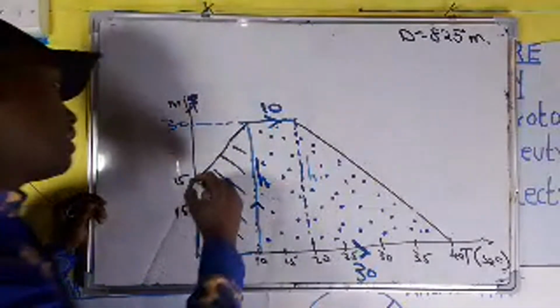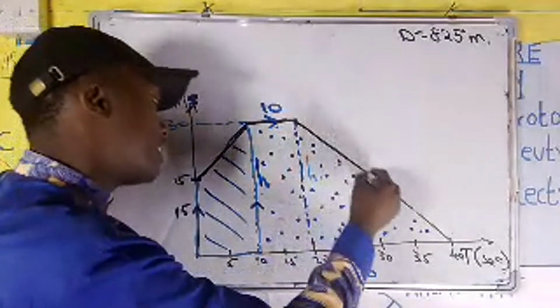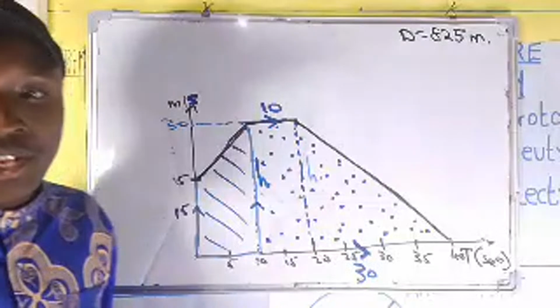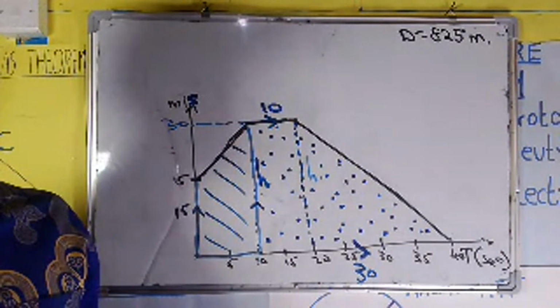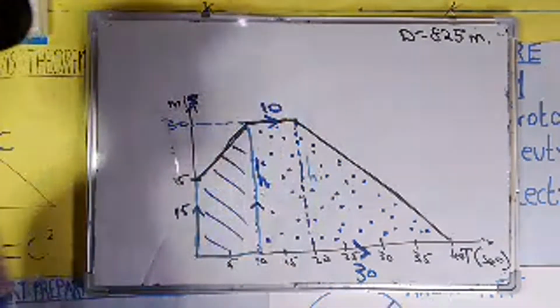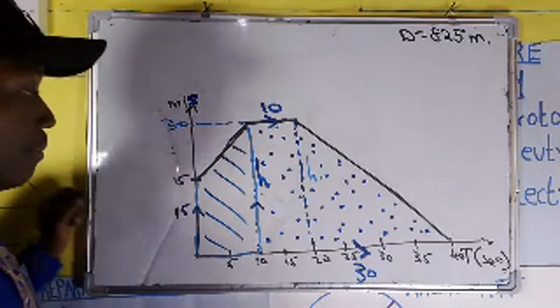Everything you see under this graph is the distance. So when you find the area bounded under this graph, you will finally determine the distance, which is 825.